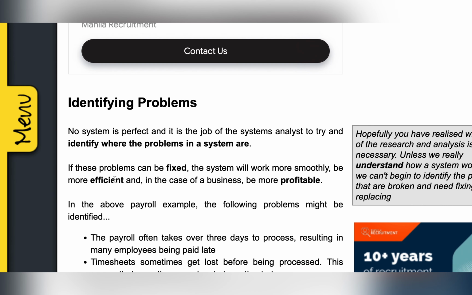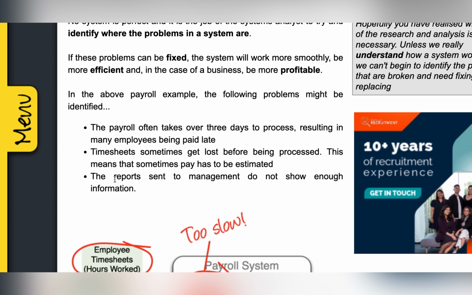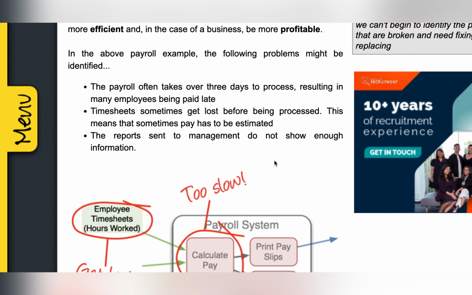Then another problem that we might identify is that the timesheet sometimes gets lost before being processed, because the timesheet is manual. They put it and stamp it, the time you log in, the time you log out. So sometimes it gets lost before being processed. So this means that something has to be done, right? Sometimes pay has to be estimated.